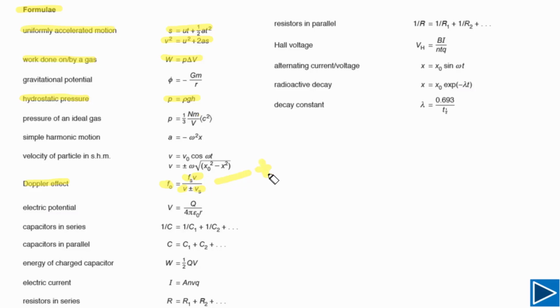Let me write down here when to use the positive sign. If the source is moving away, you will use the positive sign. If the source is approaching the observer, you have to use the negative sign. So this is how you need to use this formula.